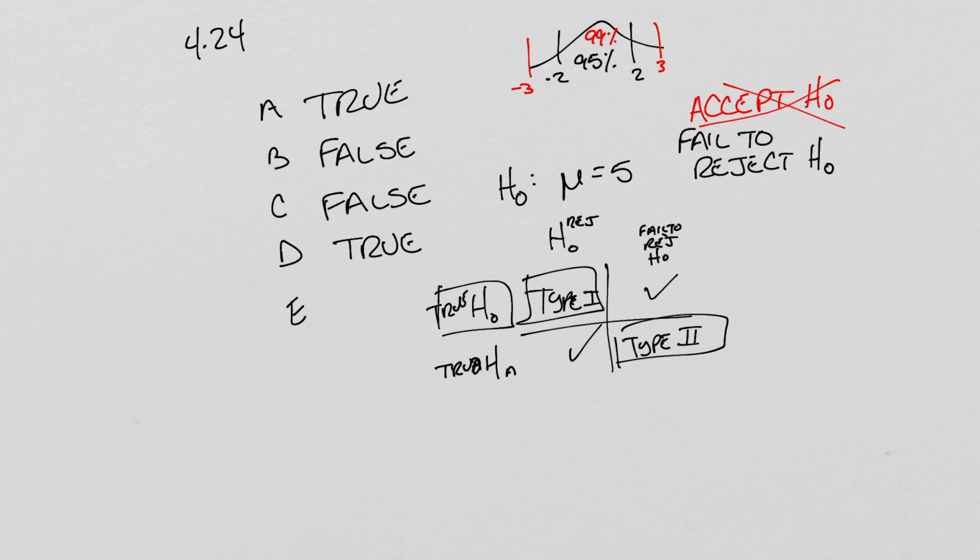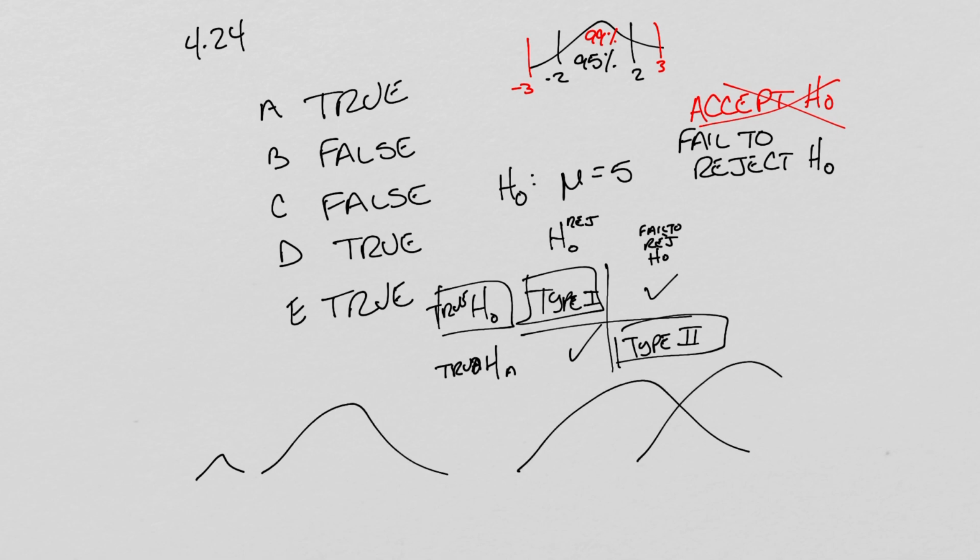And the last one, with large sample sizes, even small differences between the null value and the true value of the parameter, a difference often called the effect size, will be identified as statistically significant. This is true. So remember what I said: if you have a small sample size, you might not be able to detect it.